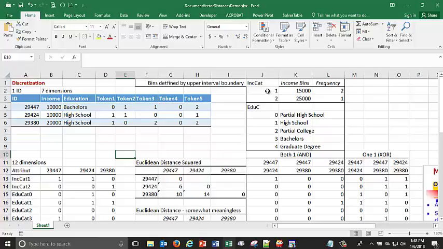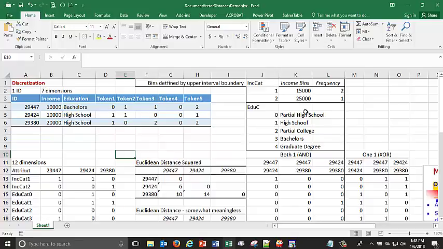So in income category number 1 are all those observations that have less than 15,000 income, and in category 2 is all those that have less than 25,000, and we really should have an income category 3 which is greater than 25,000.